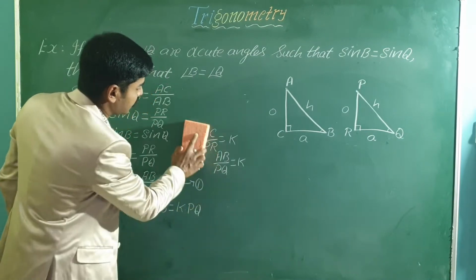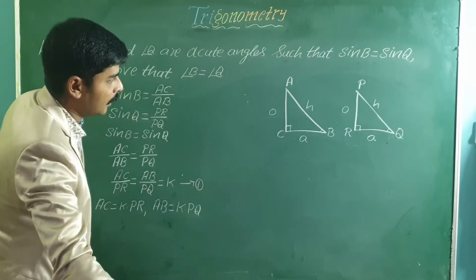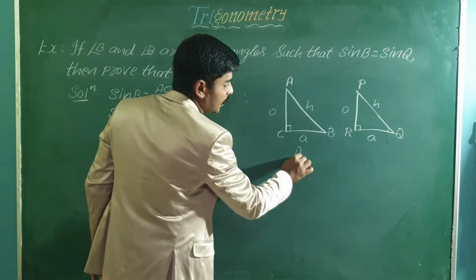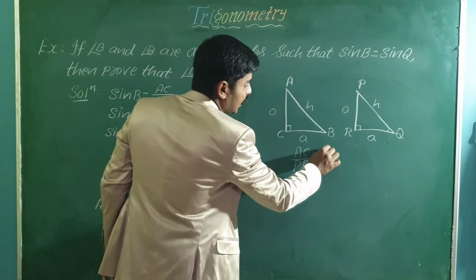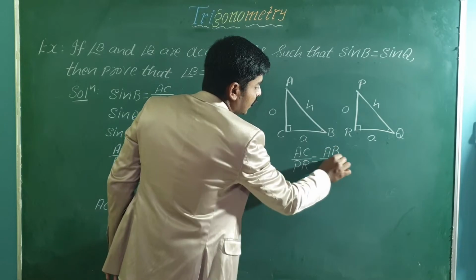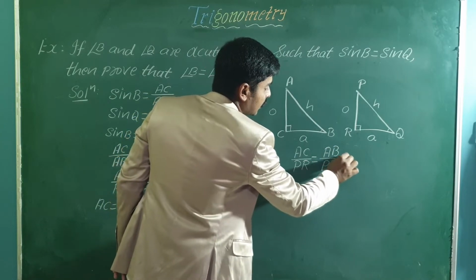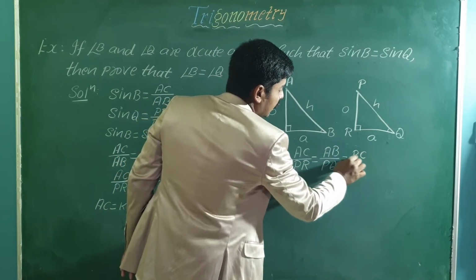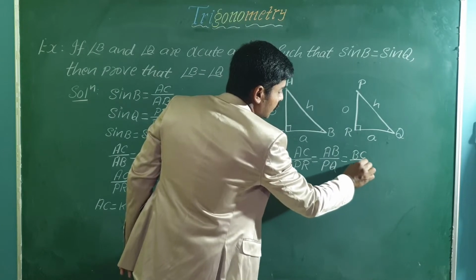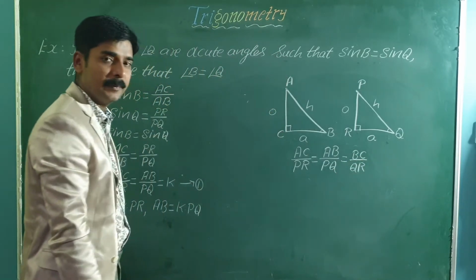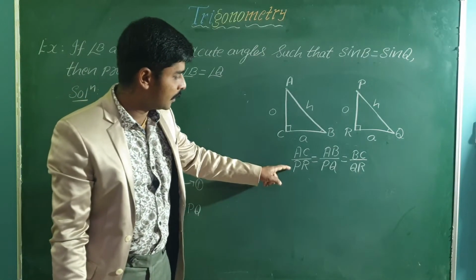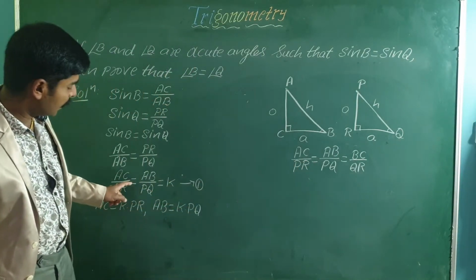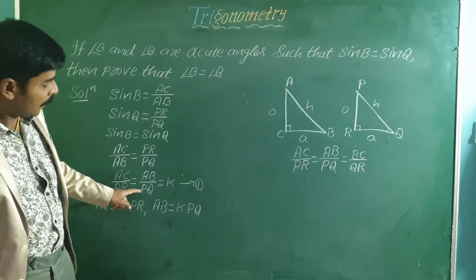Now, as I already said, to prove that these two triangles are similar, I must prove that the ratio of their corresponding sides are equal. See, I have proved AC by PR is equal to AB by PQ.